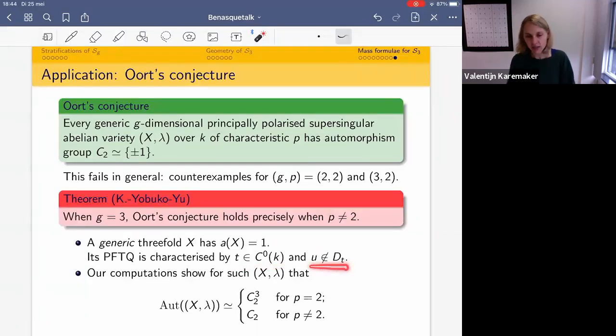And u is not in this particular divisor D_t, because that is a very non-generic case. So in that situation, our computations and a few more show exactly what the automorphism groups are. So if the prime is 2, if the characteristic is 2, then the automorphism group of such a thing is 3 copies of C2. And if it's not 2, then the automorphism group is C2.